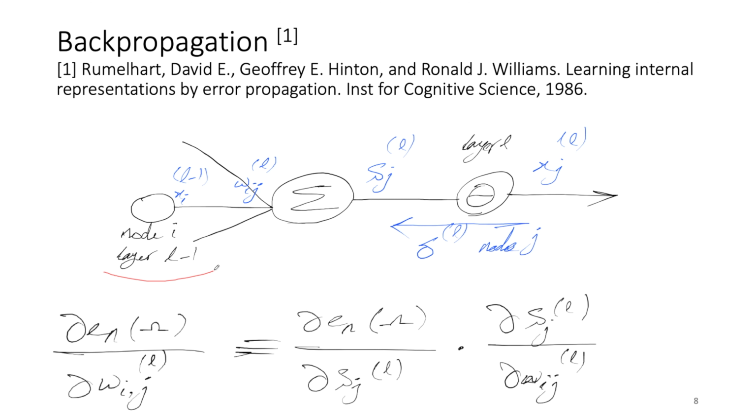So your weights and x's are coming from layer L minus 1, and you do the calculation with these two.